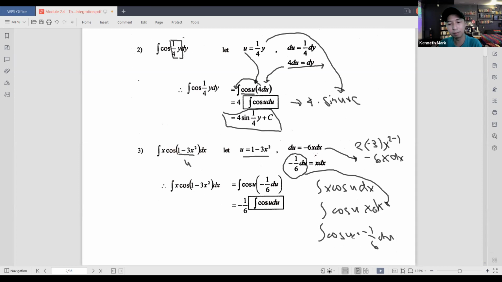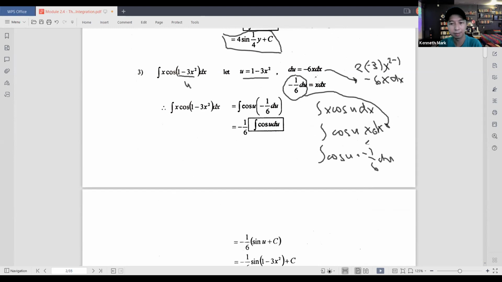Then you can proceed with the integration properties. So yung constant, labas natin sa kabila. So you will have negative 1/6 integral of cosine u du. Now, what is the integral of cosine u du? So of course, this is sine u.